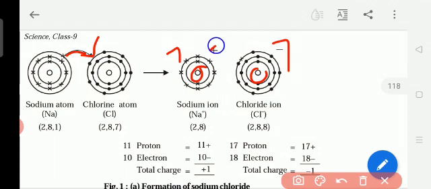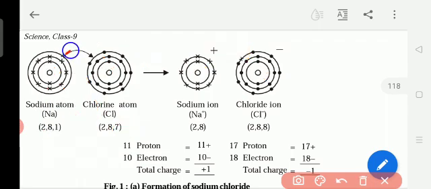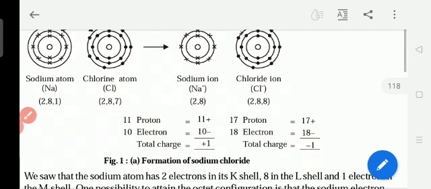So what they are telling here is that it is very difficult for the nucleus to hold 7 more electrons. That is why it loses 1 electron. For chlorine also, it is very difficult to lose 7 electrons.